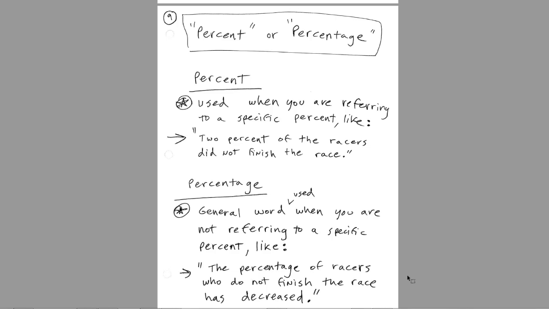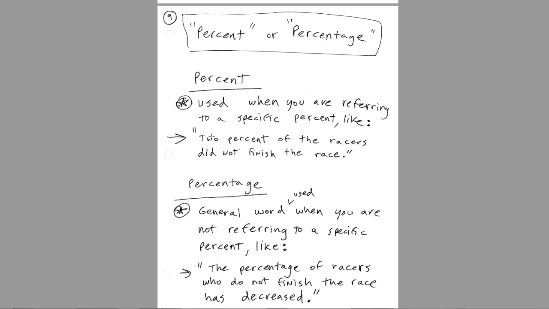Next page. We just want to make sure that we think of the words percent or percentages correctly. Now, really, as history has moved on, there's less insistence on using these correctly. But it's not that hard. Percent is used when you're referring to a specific percent, like 2%.